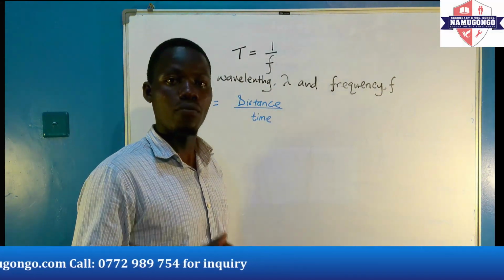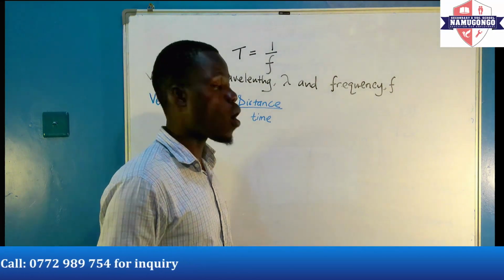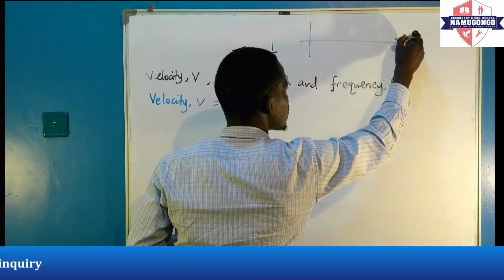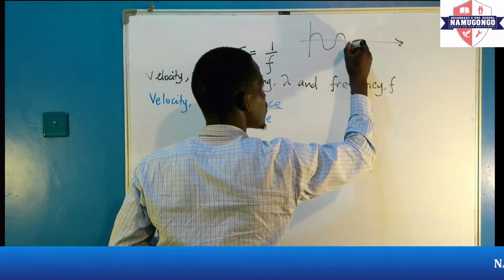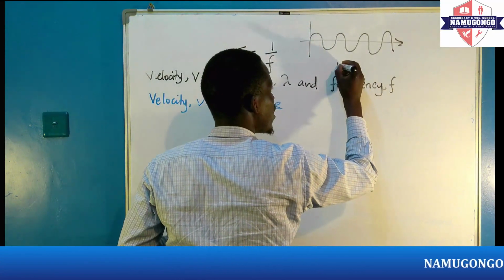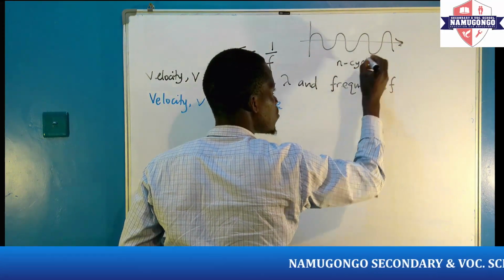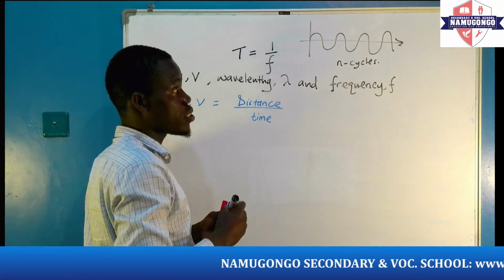For a wave to move from one point to another, it will take a number of cycles, n number of cycles.